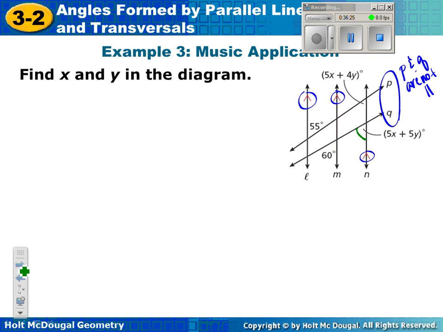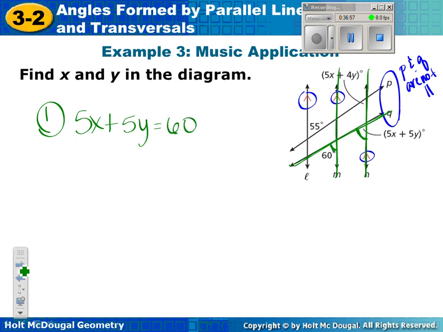Okay, so you're saying this angle and this angle. What kind of angles are those? Corresponding. And when I look at this line and this line and this line, which make those two angles, these are the lines that are cut by this transversal. So since these are parallel, then these corresponding angles are what? The same or congruent. So you are correct, Rachel, that I could write down 5x plus 5y equals 60.